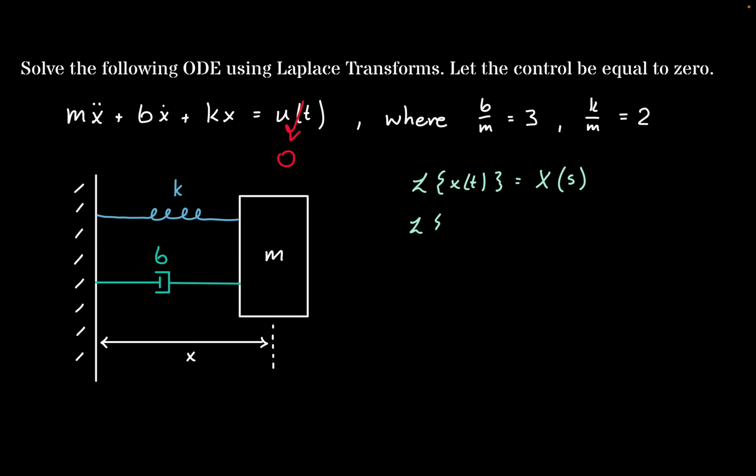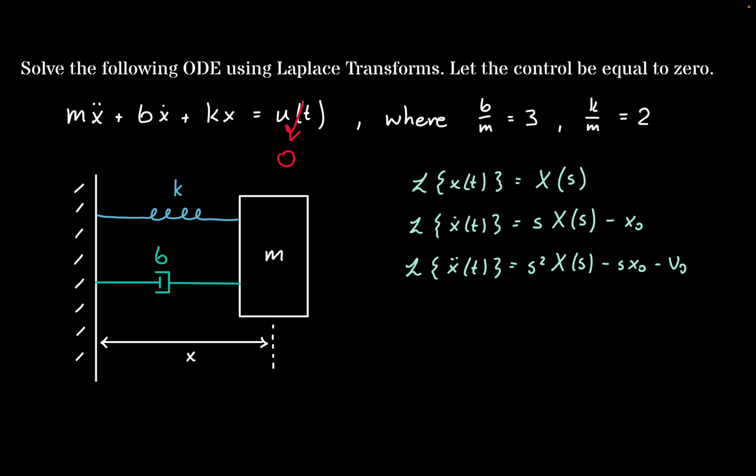And the Laplace transform of x dot of t is going to be equal to s times capital X of s minus our initial position condition. And if we were to take the Laplace transform of x double dot of t, that would be equal to s squared times capital X of s minus s times our initial position condition minus our initial velocity condition.